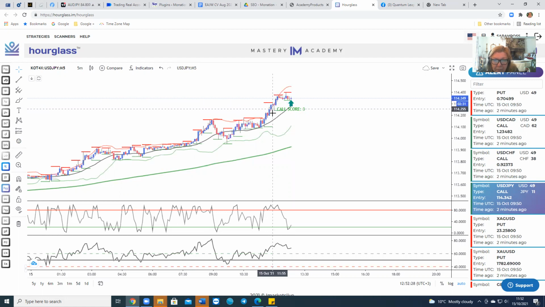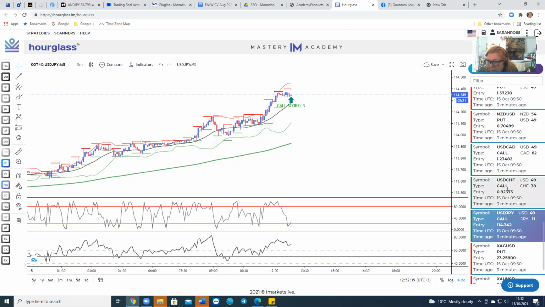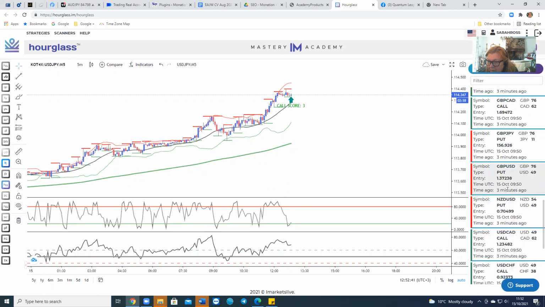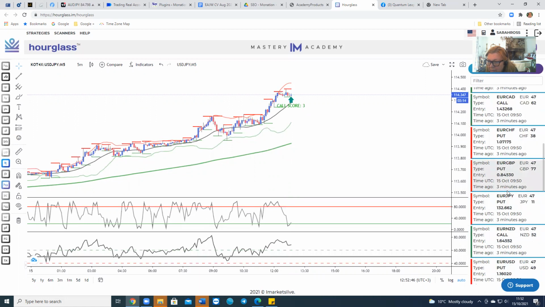This one here. So I got in slightly before on a put. So that's about it at the moment, I think. There aren't any other ones I want to trade in London.